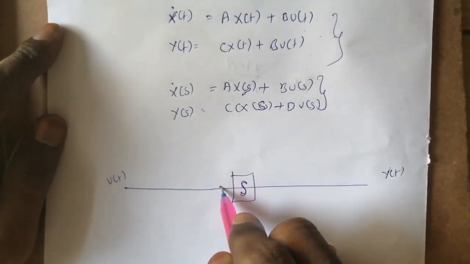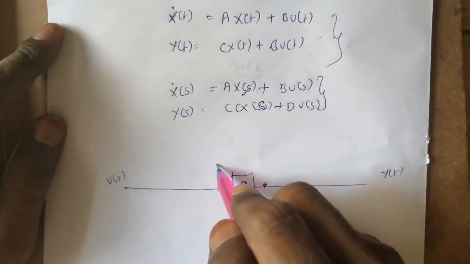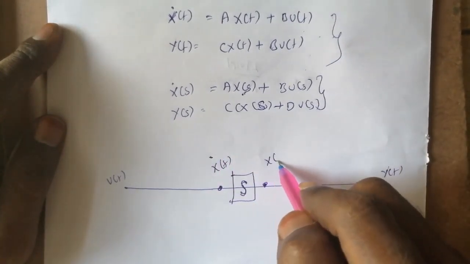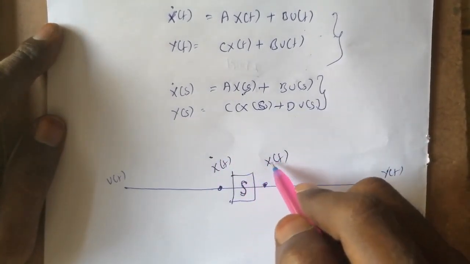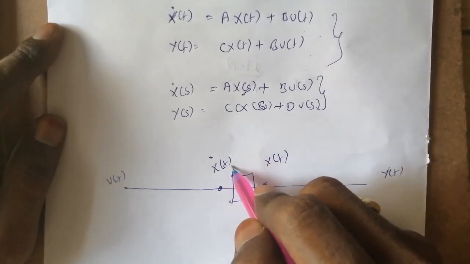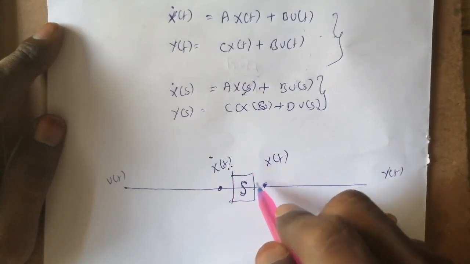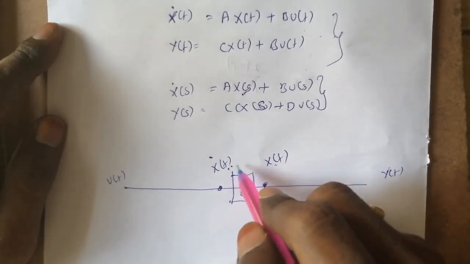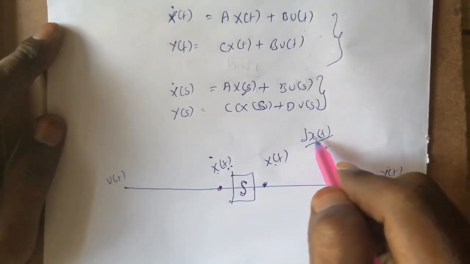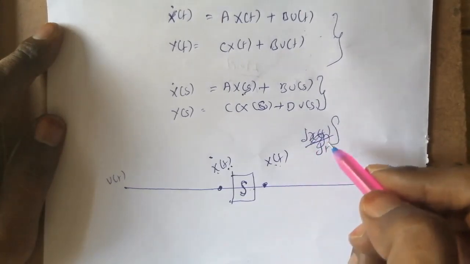Here x dot of t will come, and finally you will get x(t). X dot of t is the differentiation of x(t), that is dx(t) by dt. If you apply the integration, you will finally get x(t).